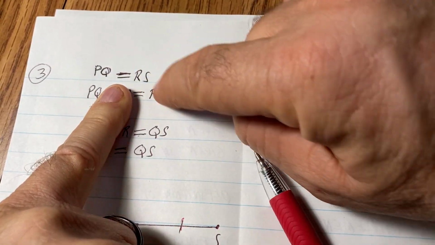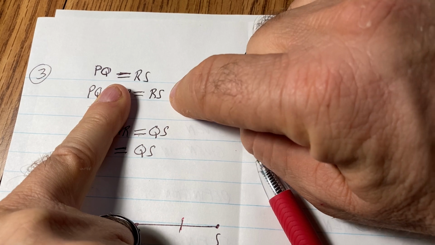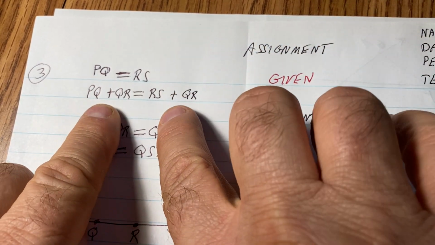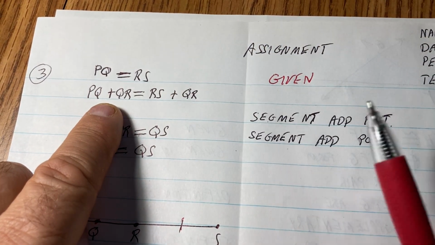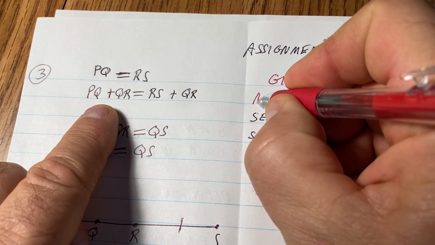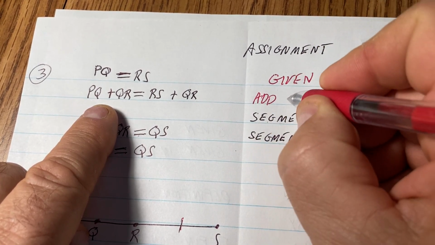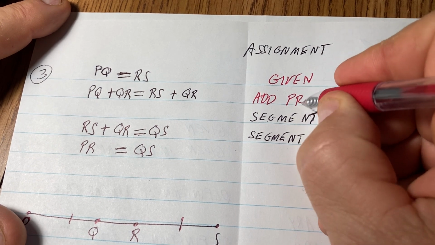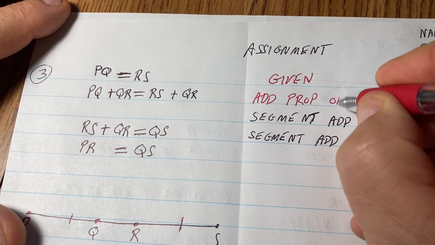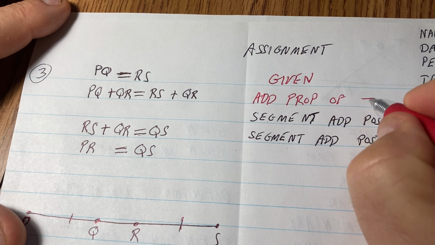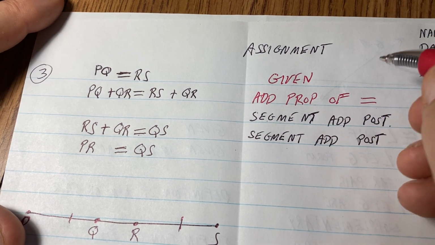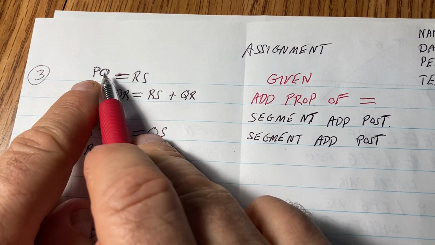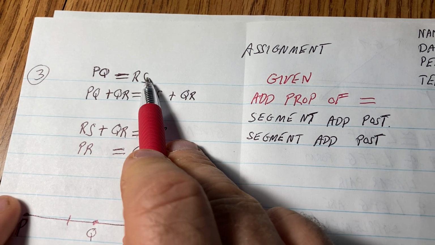On the right side, we have RS, just like we have above. So the only thing we're doing on both sides is adding QR. That's the addition property of equality. Add QR to this side, add QR to that side.